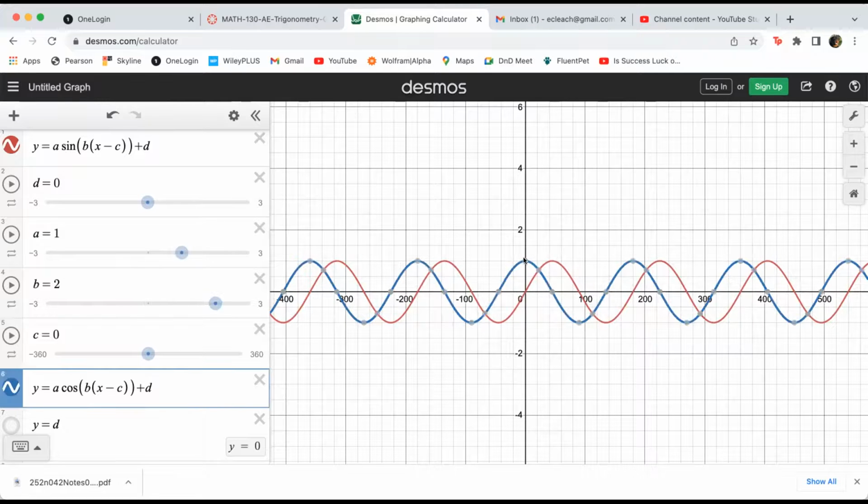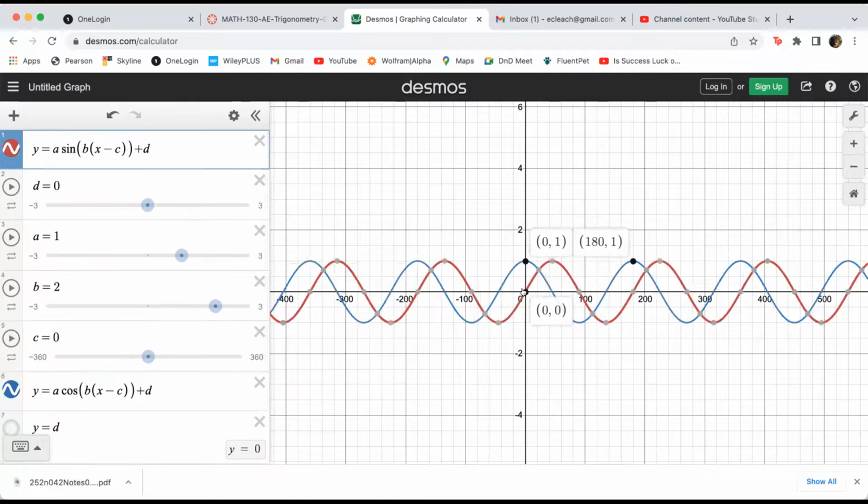Notice that the period goes from 360 to 180. We can think of the 2 as going through the X values twice as fast. We're multiplying all the X's by 2. So if we plugged in 0, 1, 2, 3, 4, 5 in sine of 2x, we're plugging in 0, 2, 4, 6, 8, 10. So in 5 steps, we go twice as far. We're going twice as fast through a circle.